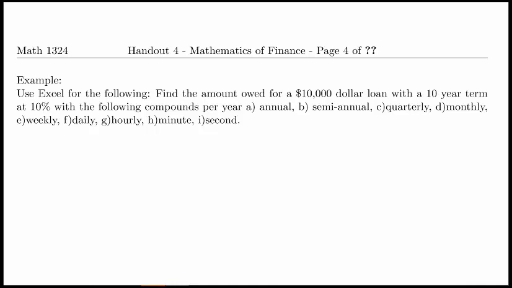All right, so when we put this into Excel, we have our A, and that's going to equal P times 1 plus R over N raised to the NT. And so we know that this is the same as P times 1 plus the effective interest rate raised to the M. The reason I'm writing it out like this is how we're going to break it up in Excel.